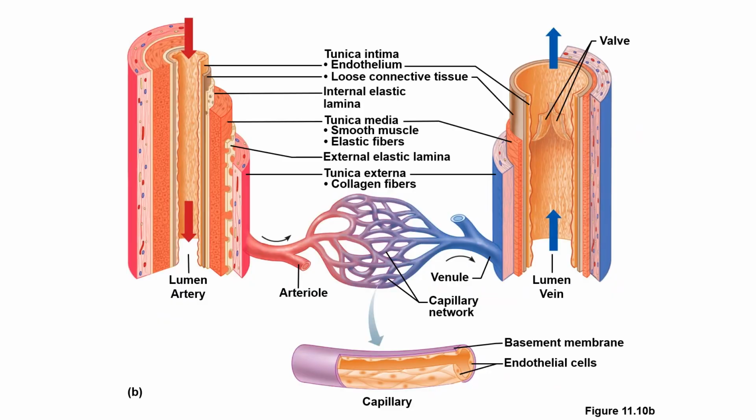So if you look at the structure inside the walls of these arteries and veins, now you will notice the lumen. Look at the diameter of the lumen. One question here is which has the larger diameter? So it is the vein that has the larger lumen.